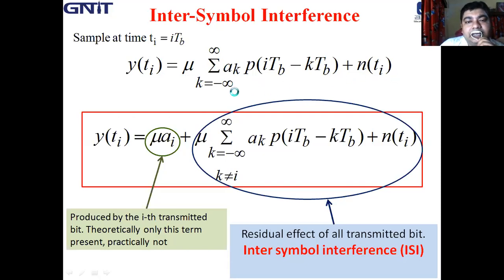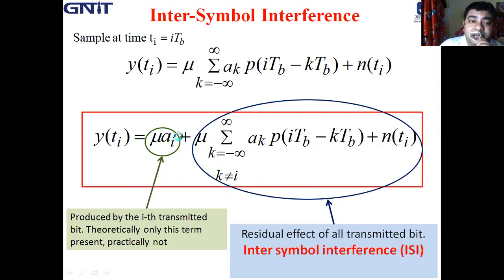So I extract the term from this summation expression when k equal to i. So that is mu a_i plus the second term, mu summation over k equal to minus infinity to plus infinity a_k p(i T_b minus k T_b) plus n(t_i), and obviously k not equal to i.